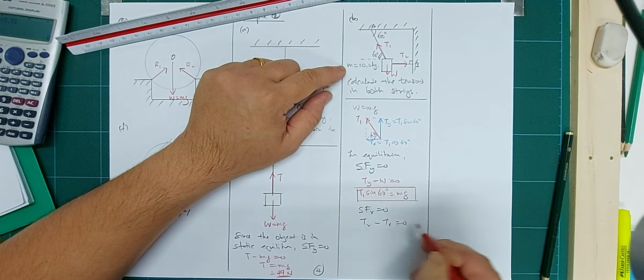So we go to page number 3. Example 2C, that is page number 3.